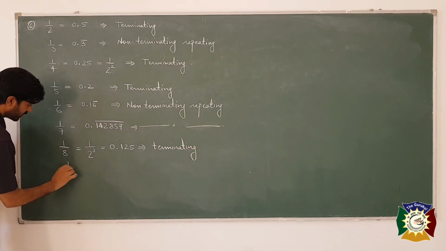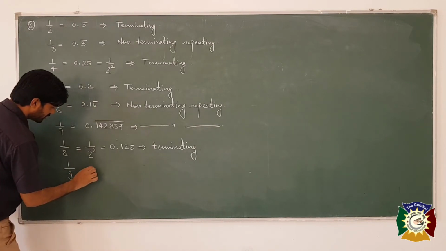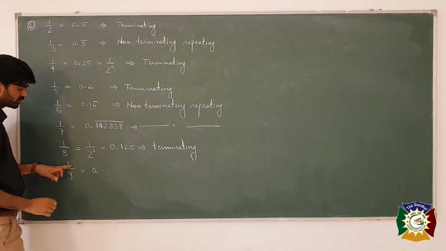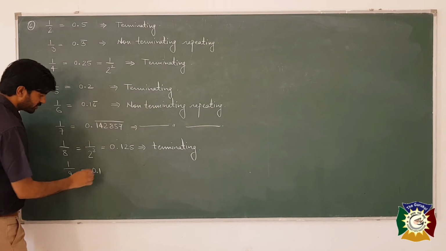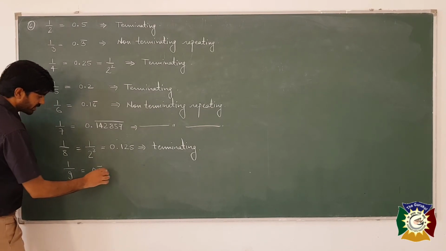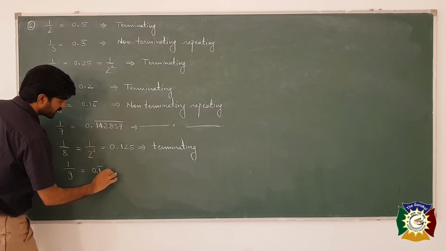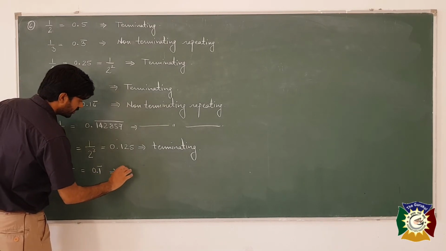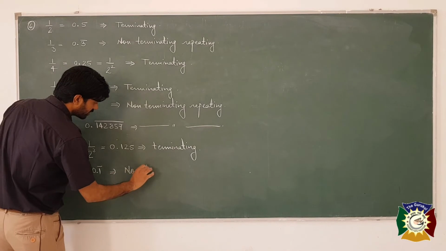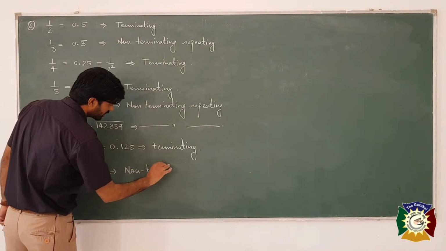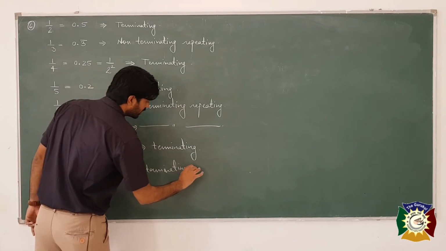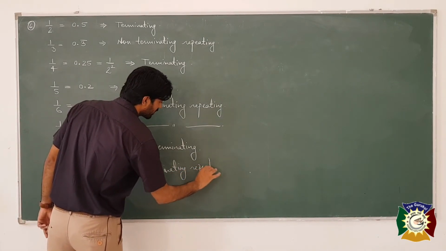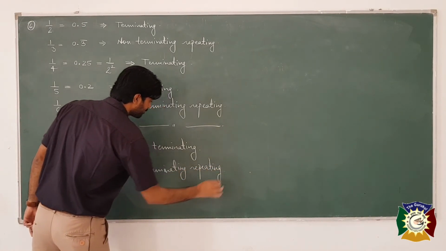Then 1 divided by 9 is equal to 0.1 bar. We put 0, 1, then again 1 is left, again 1, so it is 0.1 bar. So it is again non-terminating, repeating.